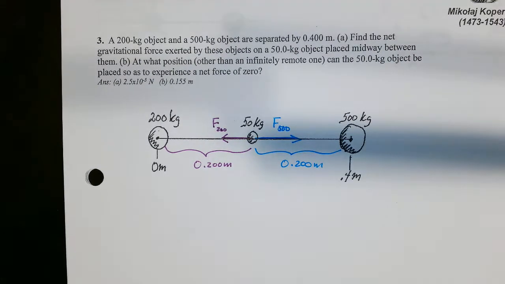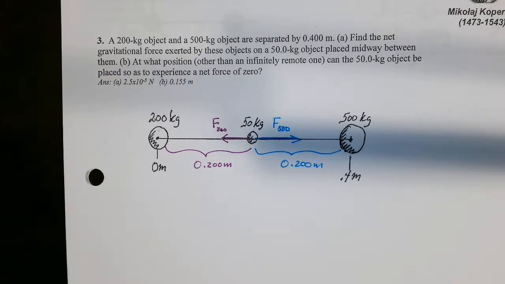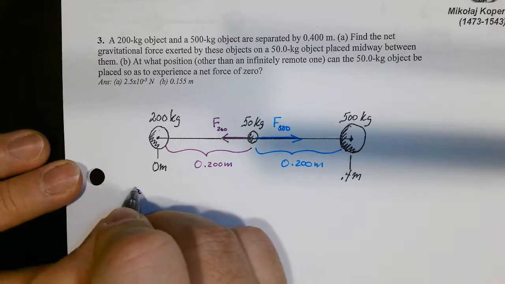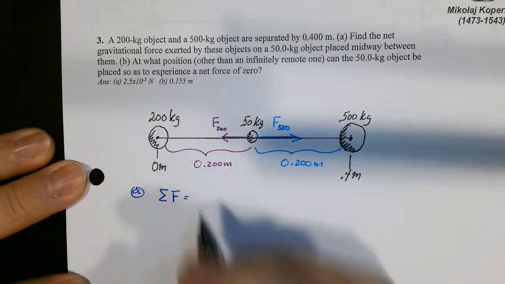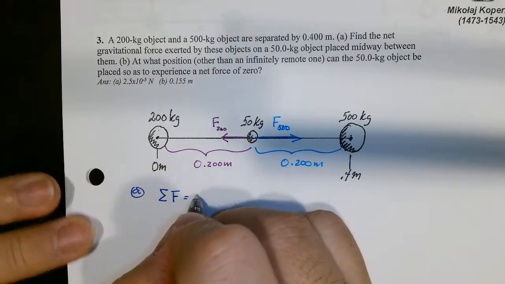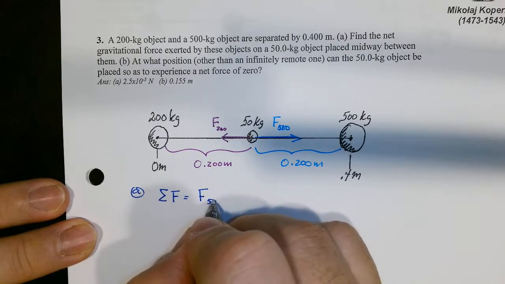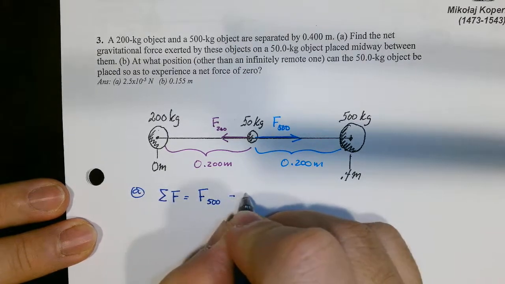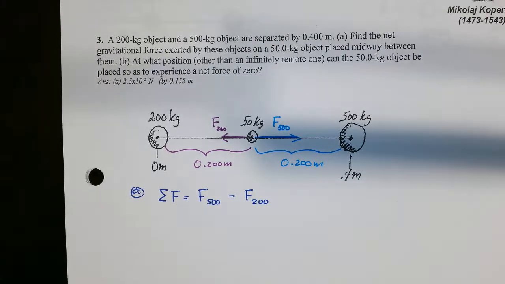So for part A, the sum of all forces is equal to F500 minus F200.